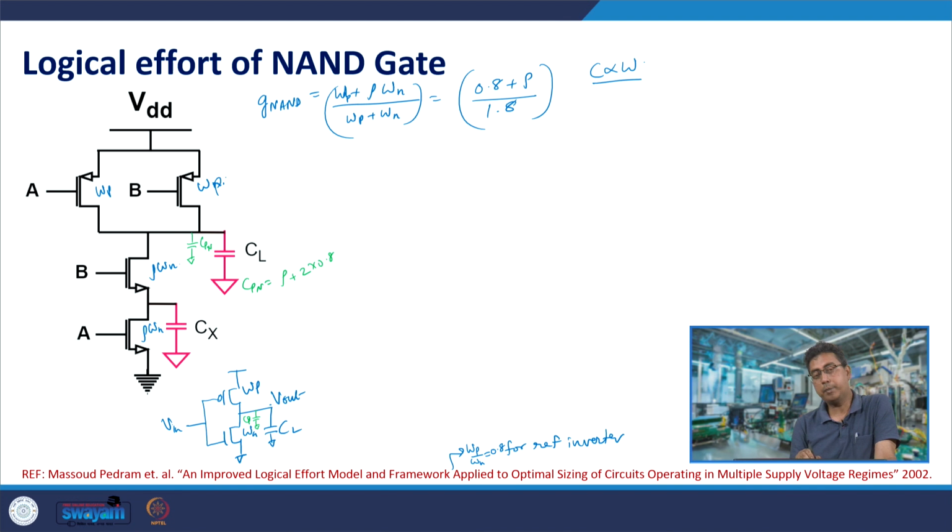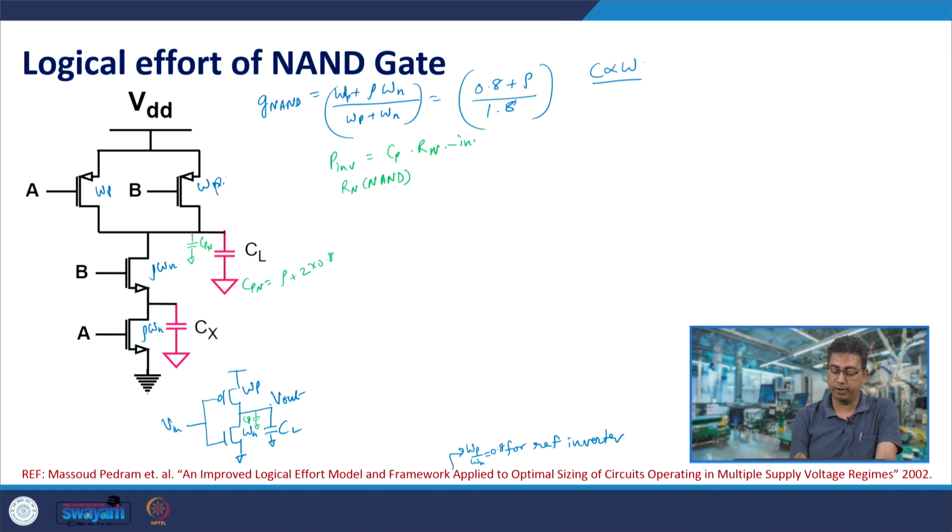For parasitic delay, the approach this paper takes is that the parasitic delay of the inverter is the RC time constant, Cp into Rn, the RC time constant of the device. Now, what is the value of Rn of the NAND gate?